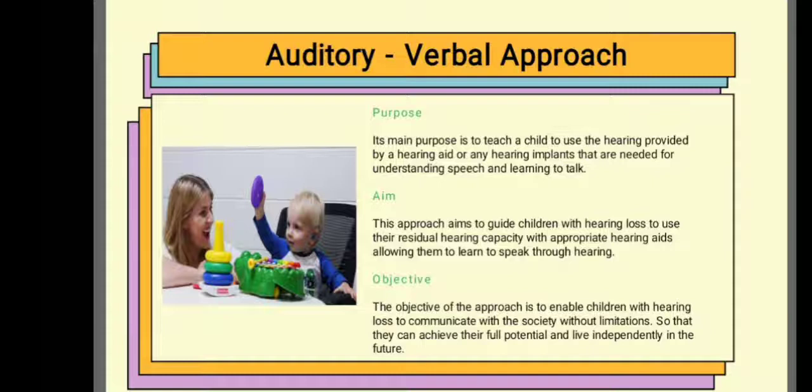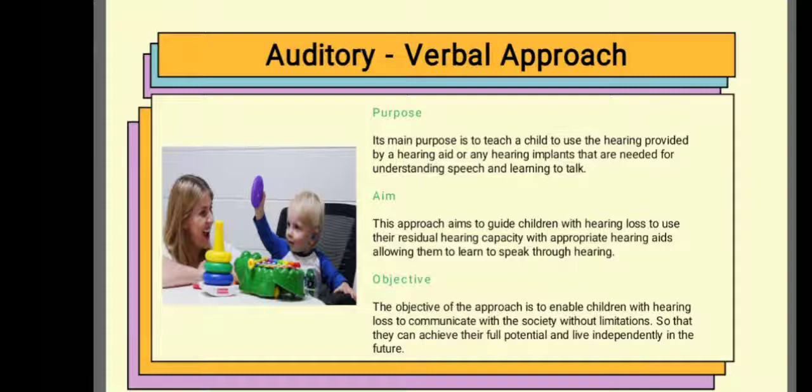So, next is the purpose of the auditory verbal approach. First, its main purpose is to teach children how to use hearing aids and implants so that they can understand what they are saying and how they talk toward others. Next is the aim.